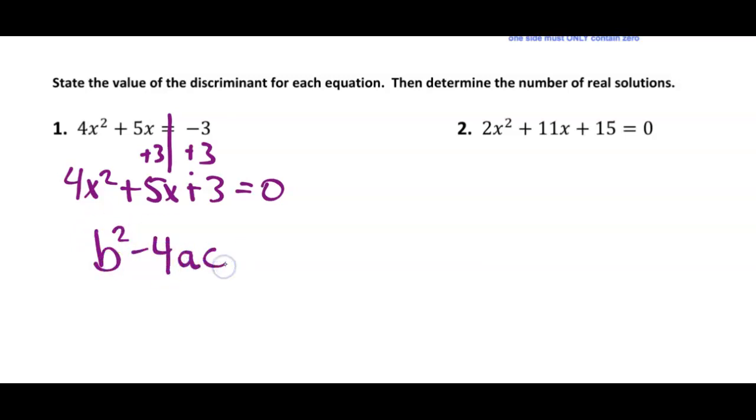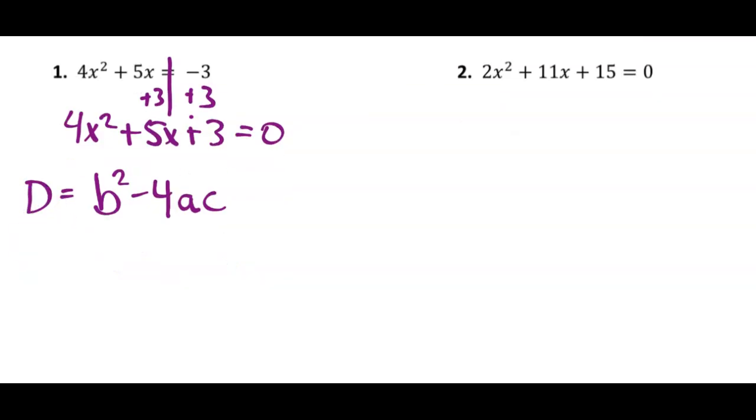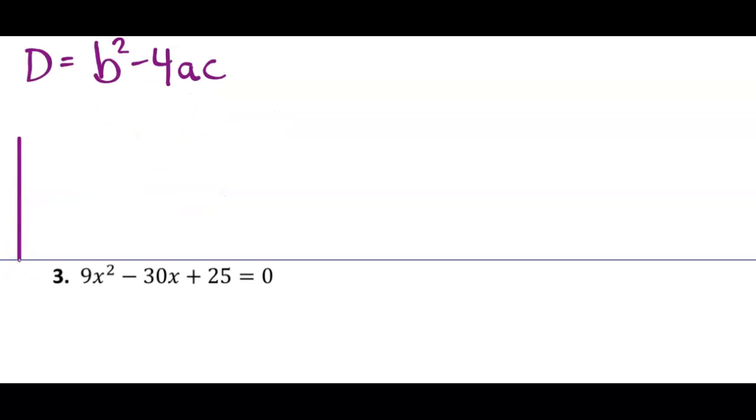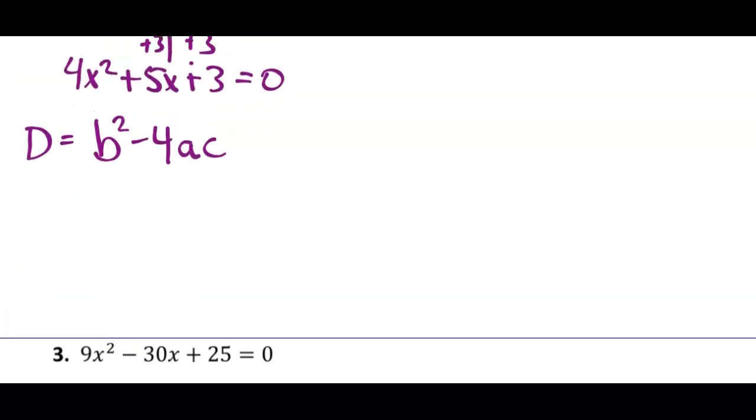I just want to know how many answers I'm going to get here. So what's my A, what's my B, what's my C? Well, my A is 4, my B is 5, and my C is 3.